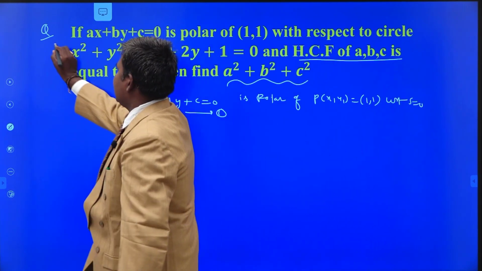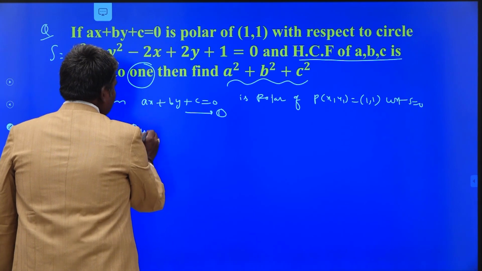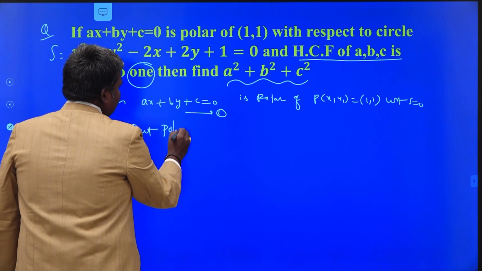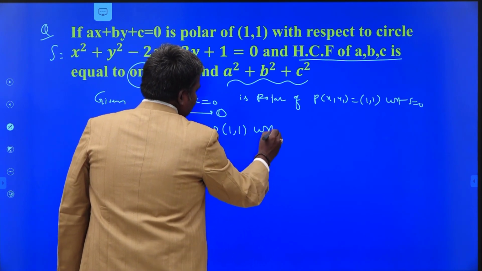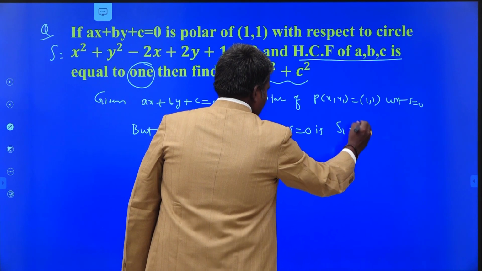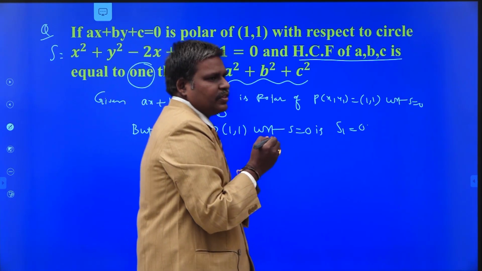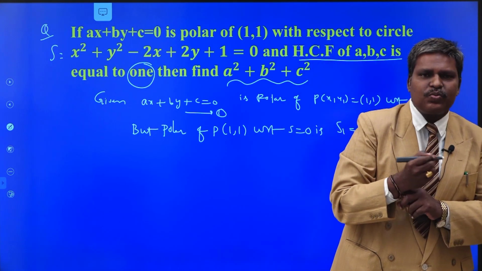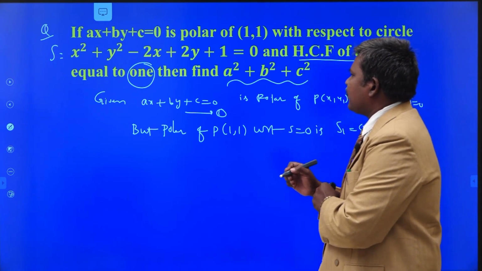This is the circle, say S equal to 0. But the polar of P(1, 1) with respect to S equal to 0 is what, from the theorem? S1 is equal to 0. Can I write S1 equal to 0 for the circle or not?